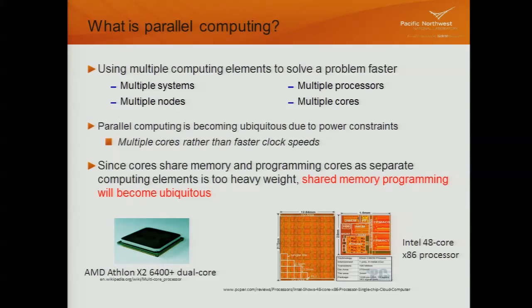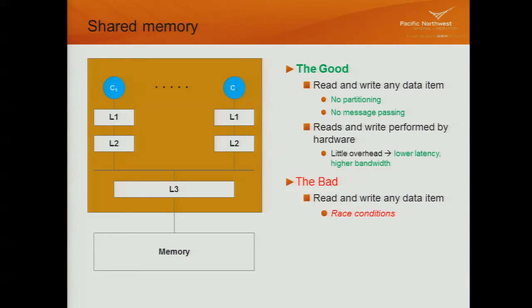And then in the second lecture, I'll cover the ability of this machine to support a wide variety of different parallel programming techniques. Shared memory programming is going to become more ubiquitous as we go forward, as it's got to be the programming model that people will use, at least at the node or processor level.